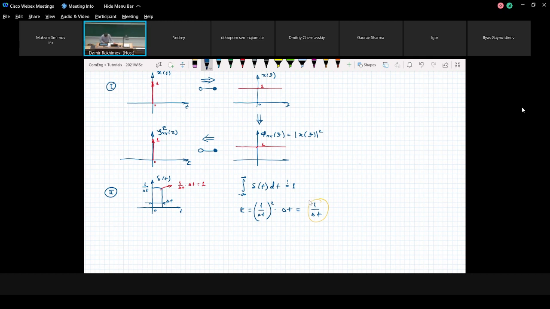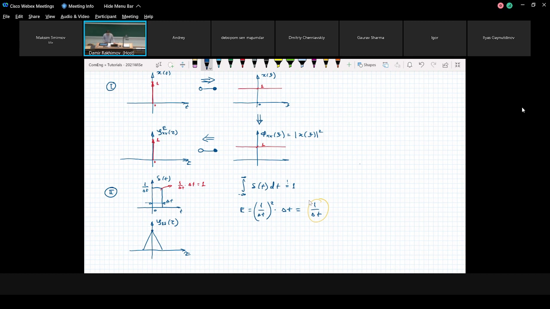But of course, you remember that if you have a rectangular pulse, the autocorrelation function will be a triangular pulse. This is the autocorrelation of my approximate pulse, a function of delay.